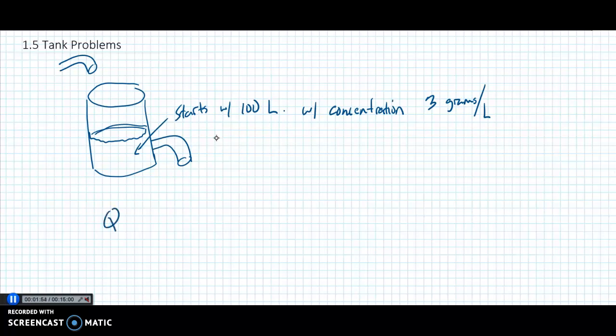But Q, hopefully you got 300, okay? But Q is, so this water has something in it. And I know that there's 3 grams in every liter. So Q is going to be the amount of salt or other substance in the fluid.